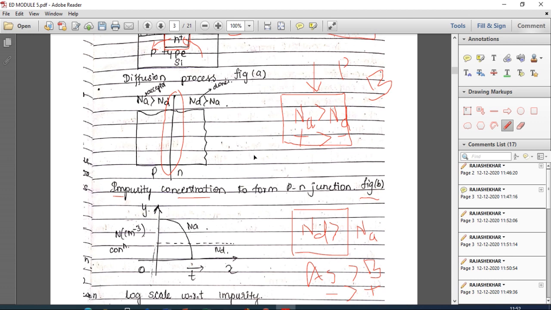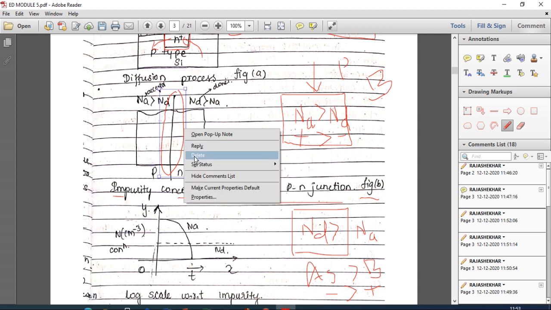So based on this, to form a PN junction, if I want to form P-type material, then the concentration of acceptor should be greater than the concentration of donor. If I want to form N-type material, then the concentration of donor should be greater than the concentration of acceptor. And here also diffusion takes place to achieve uniform concentration, but the material will be treated as P-type or N-type material. Okay, so this is the intention of figure B.